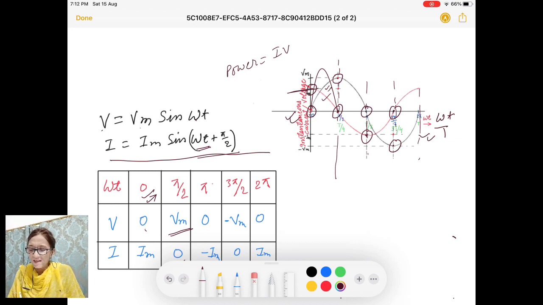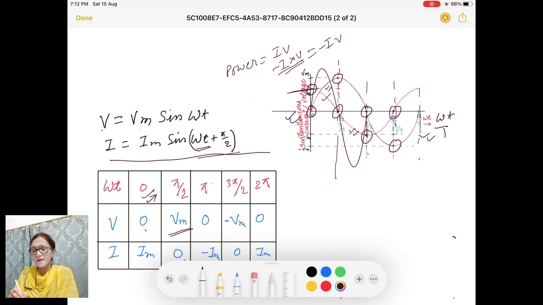But in the second quarter of the time period, you can see that current is negative. The value is negative, minus I, and voltage is positive. So the product remains a negative quantity. So now, in the second quarter, power will be represented in the negative direction.